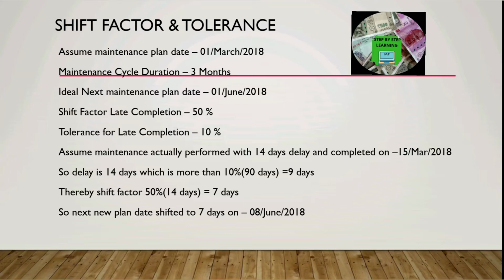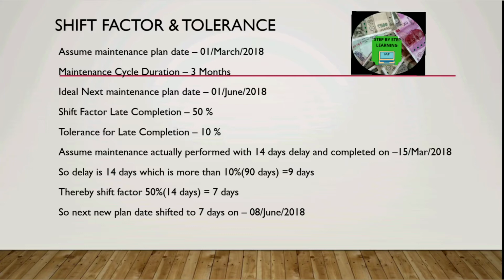Normally it has to be 1st June, but assume the maintenance was actually performed with a 14 days delay and completed on 15th March. So actually the maintenance I needed to perform on 1st March, but due to some issues, the actual maintenance happened only on 15th March. That is the 14 days delay from 1st to 15th March.